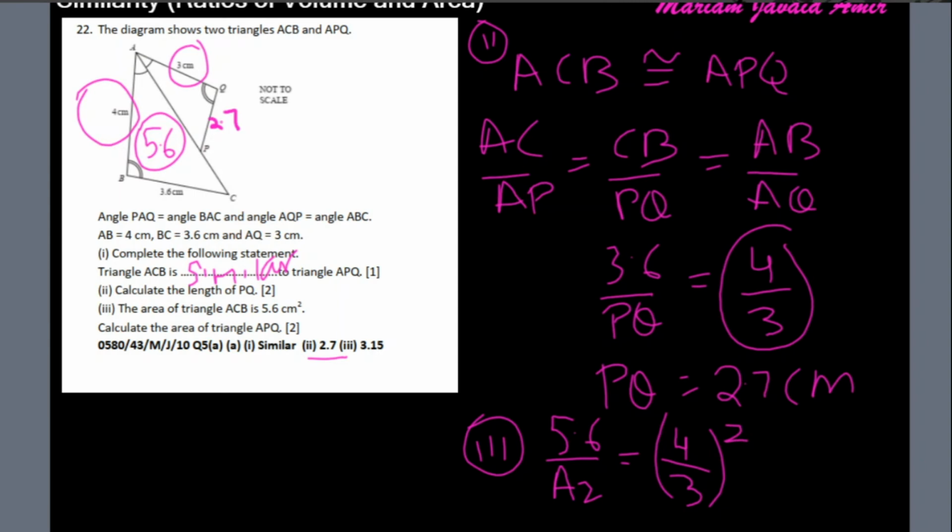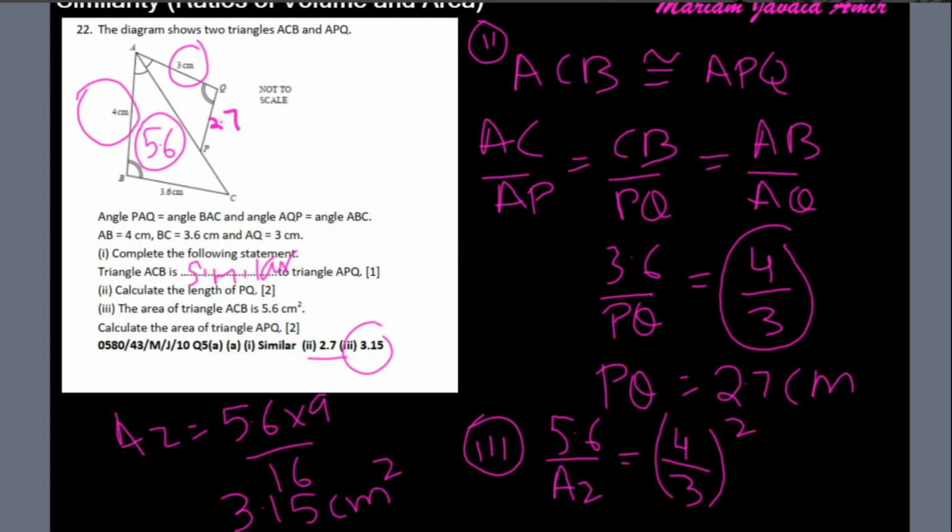We could have also used 3.6 and 2.7. That would also give the same answer. So A2 will be 5.6 times 9 over 16. This gives 3.15, which is the answer, centimeter square.